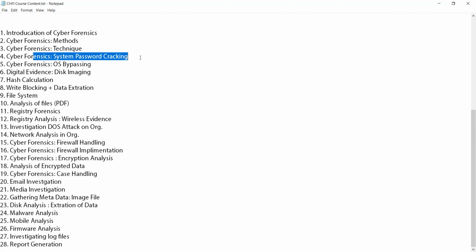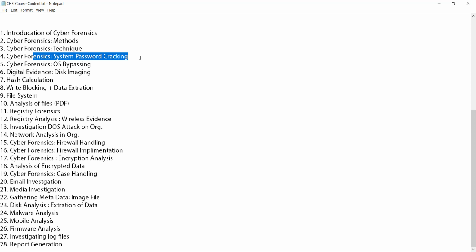The 17th module is cyber forensics as encryption analysis, and the 18th is analysis of encrypted data. In cyber forensics, suppose you get some details, some information, in the form of hashes. How would you extract the hash? How would you save the different types of files in that?